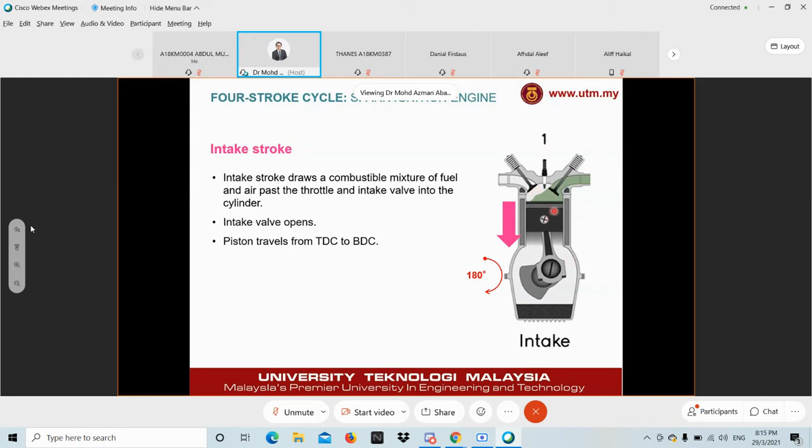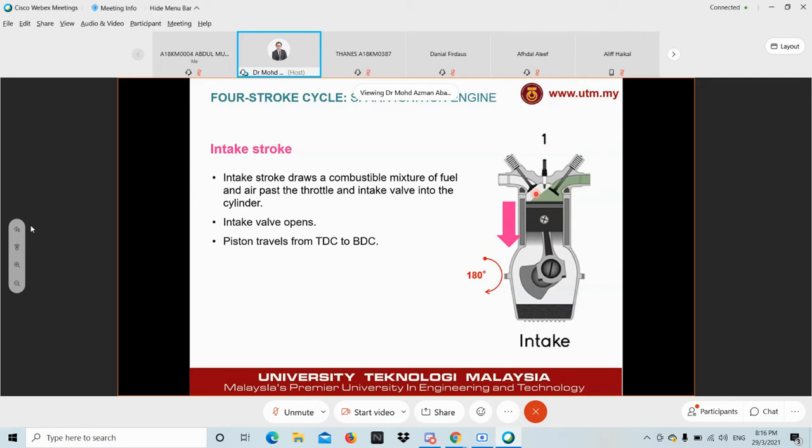When the volume expands, that creates a vacuum, or a void, to draw fresh air into the combustion chamber. So by the time the piston reaches BDC, all the volume on top of the piston in the combustion chamber is filled with air.